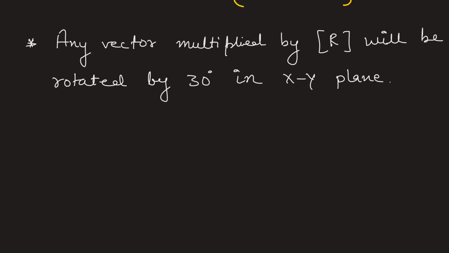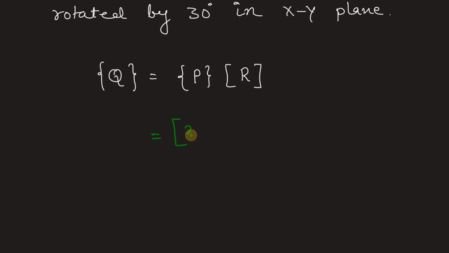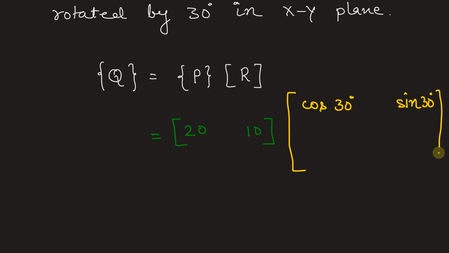Now coming back to our problem, as we have already established, if we want to get Q, we need to multiply P with the R matrix. The coordinates of P we already know. P is 20, 10, and R is cos 30 degree, sin 30 degree. So this is i hat.